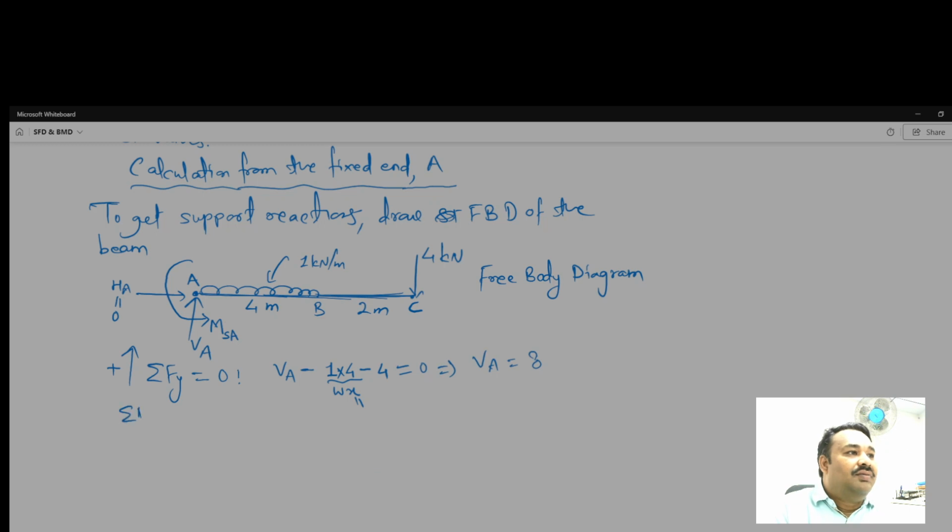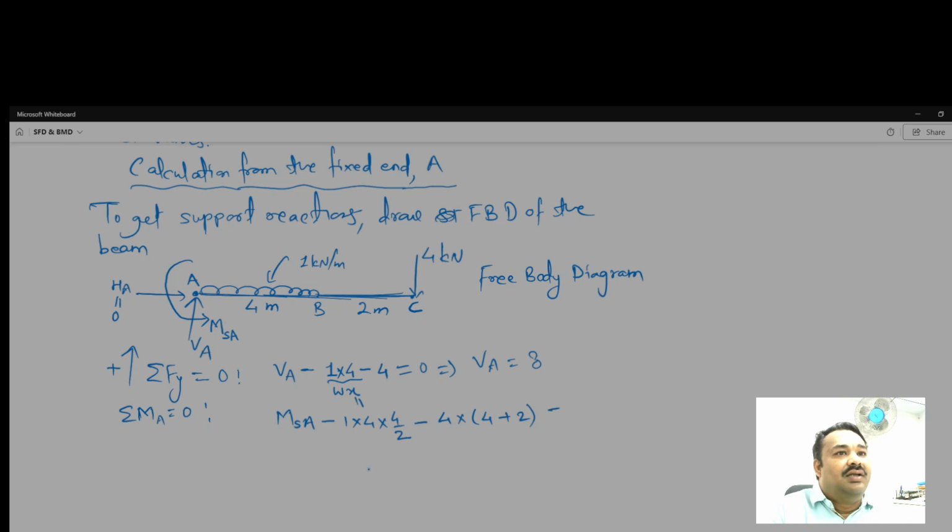Similarly, summation of MA is equal to 0, then the support reaction in terms of moment, MSA, then minus 1 multiplied by 4, then 4 by 2. This is where the UDL is acting, so it is acting at 4 by 2, minus 4 into 4 plus 2.